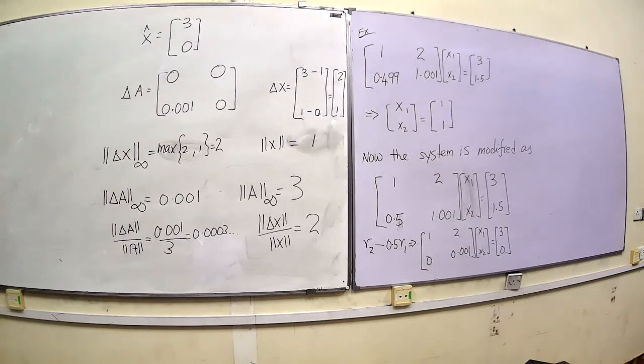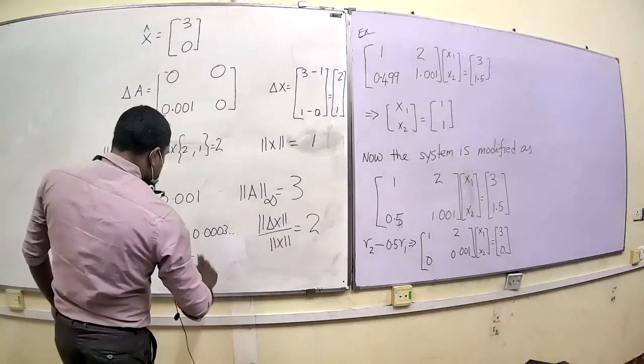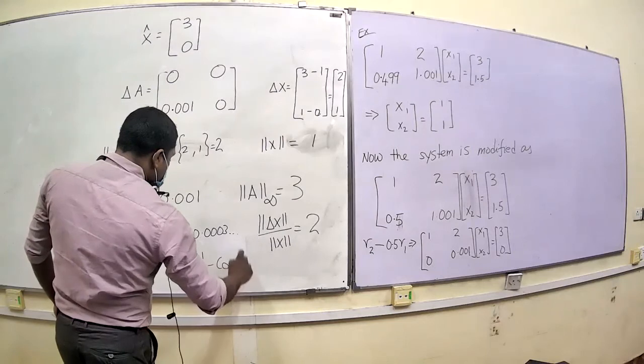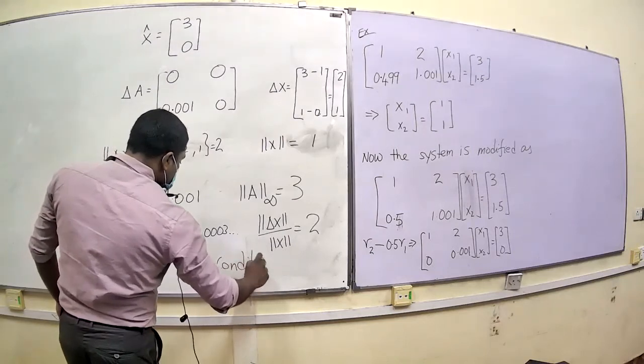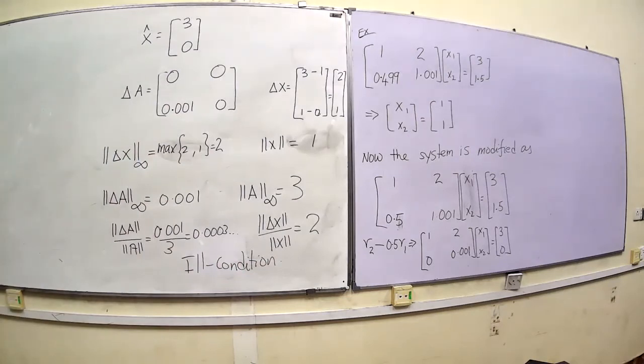So now you can see that a small input change gives a very big output change relatively, so this is ill conditioned. This system is called ill conditioned. So this is how you determine the condition of a system, well conditioned and ill conditioned.